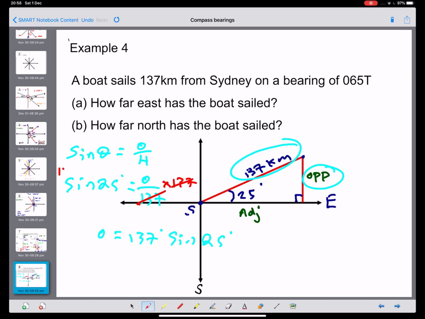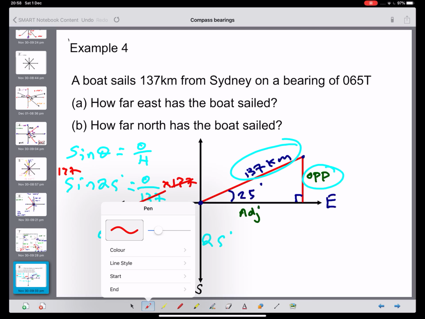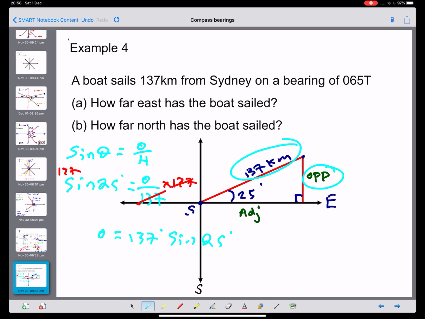Again, it doesn't state an accuracy, so we assume 2 decimal places is a good place to start. So 25 sine multiplied by 137. So the opposite is 57.90 kilometres to 2 decimal places.